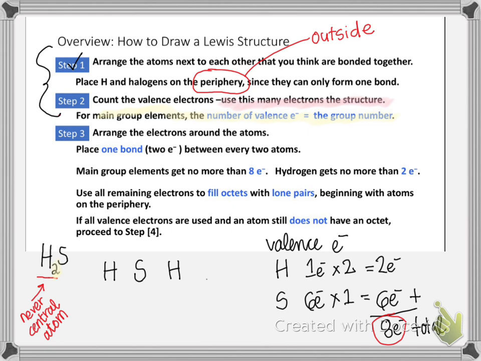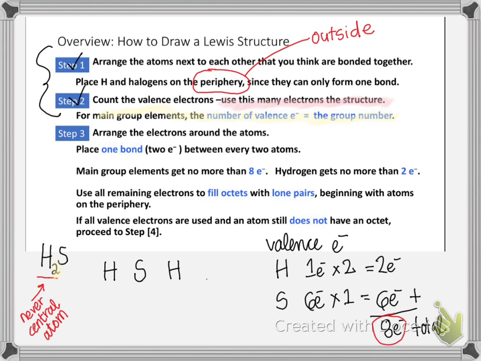So it's important that you understand, 1, how to calculate the valence electrons, because if you get that number incorrect, then your answer will be incorrect. And 2, when you're actually doing the structure, you want to make sure that you use that number. So I always recommend at the end, count and make sure that you have used the correct number. All right, so that would be step 2.